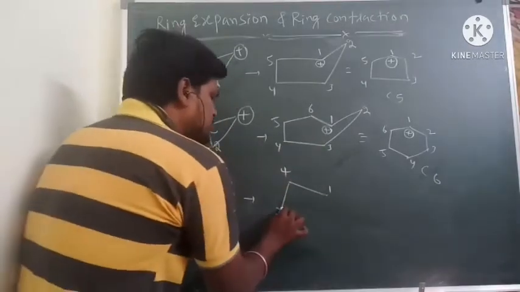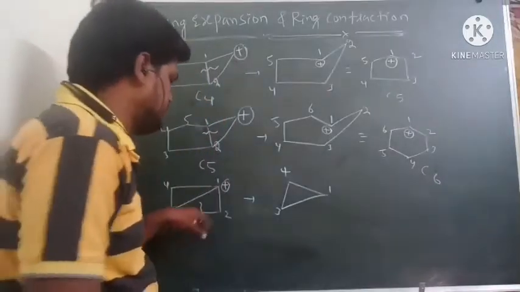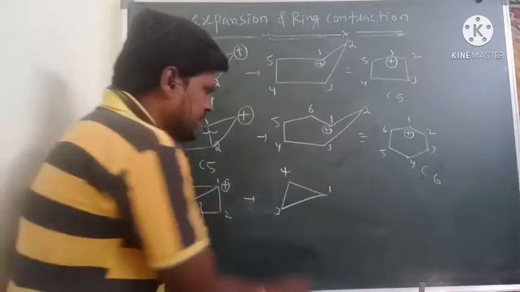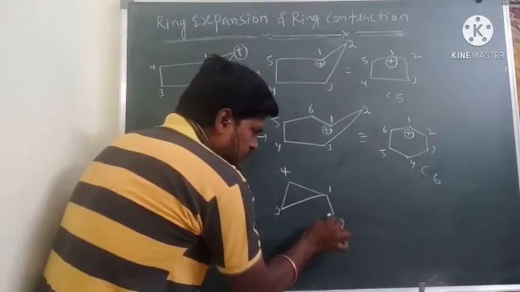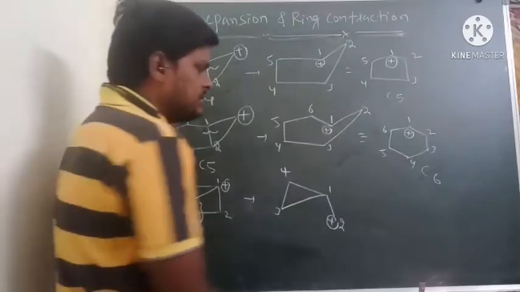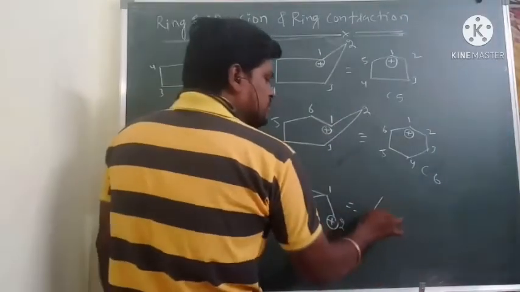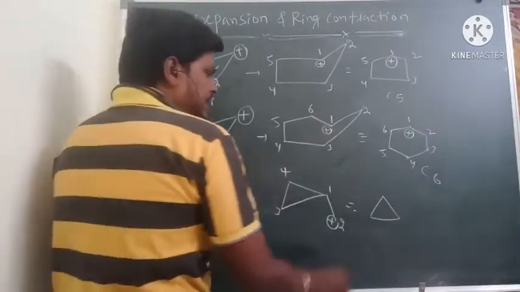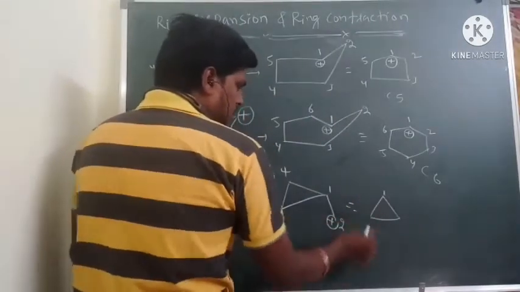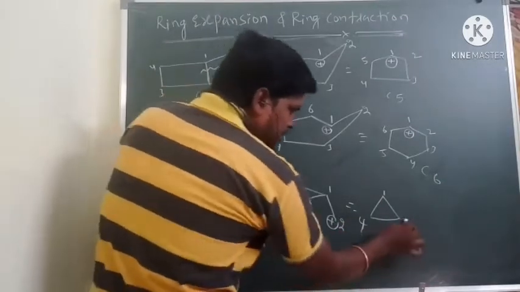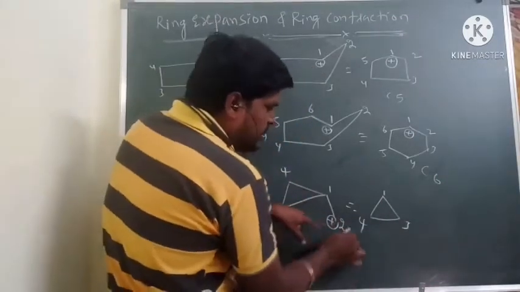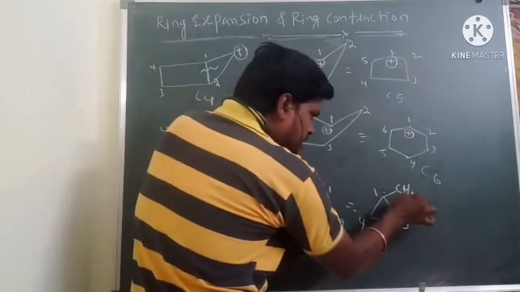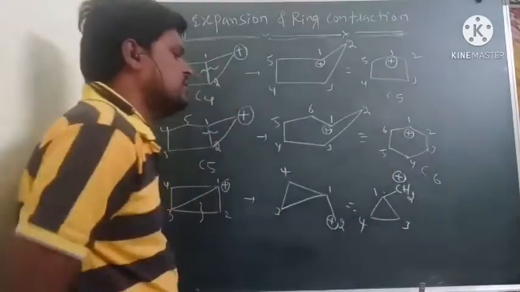The third carbon is bonded with the first carbon, and the second carbon has lost a bond, so the second carbon gets the positive charge. So the structure is a 3-membered ring with carbons 1, 4 and 3, and the first carbon still has the second carbon attached, which carries the positive charge.